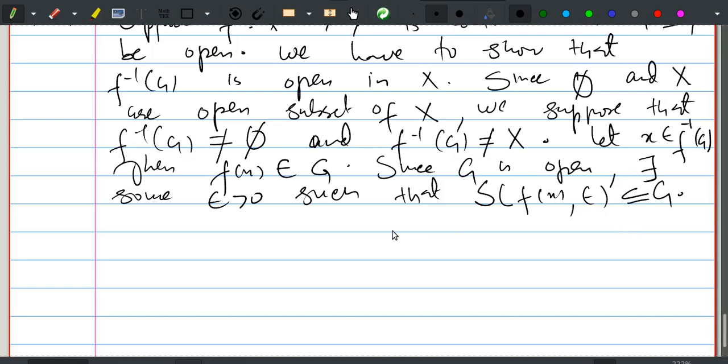Now we will use the given hypothesis that f is continuous.